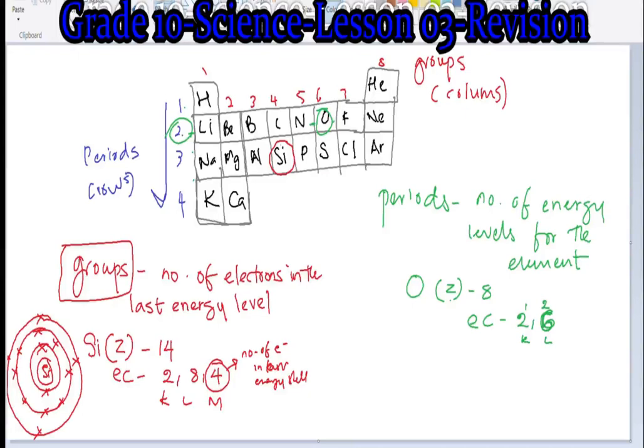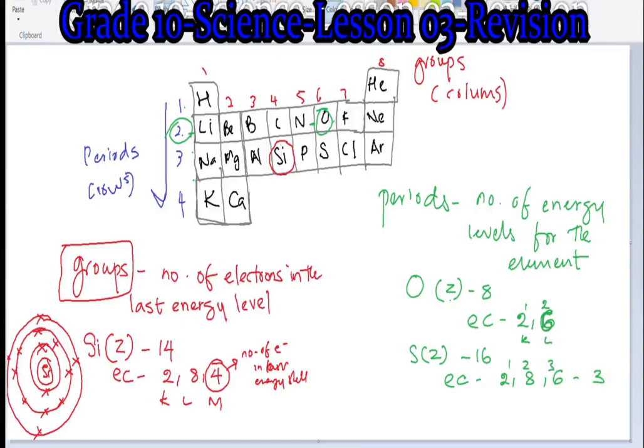Same thing, if you take sulfur, what is its atomic number? 16. So the electronic configuration is 2, 8, 6. How many energy levels? 3.